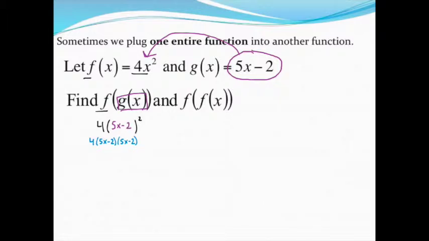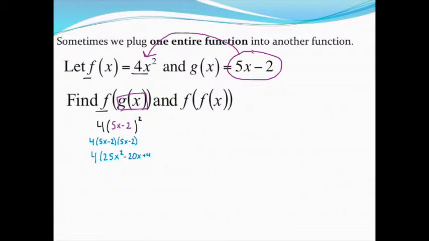At this point, we've used FOIL, we've used the box method. Many of you are able to do this in your head, which is great. I'm going to do it in my head. If you want to see how to multiply that using the box method or something, I guess now's a great time to go watch an old video. So I'm going to get 25x squared minus, I'd have a 10x and another 10x, so minus 20x, and then plus 4.